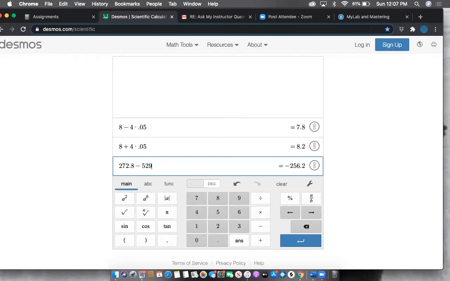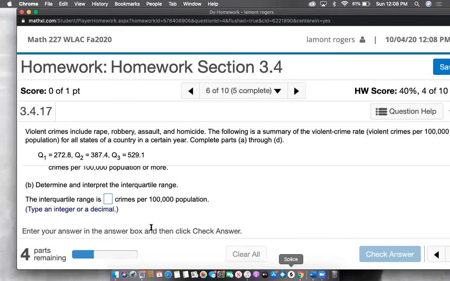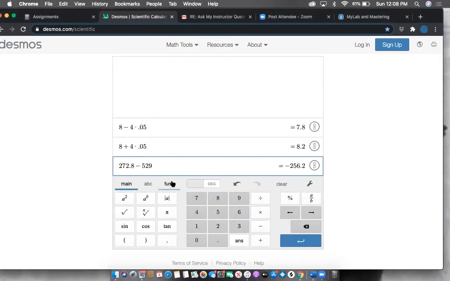Wait, so is that the answer right there, or did I do something wrong? That's the answer, but you subtracted wrong. So it's basically the positive of that. You did Q1 minus Q3. You're supposed to do Q3 minus Q1. Okay, but that would just mean the answer is the positive of that answer. So you can copy that 256.2, or you can just type it in. But I guess it's 529.1.